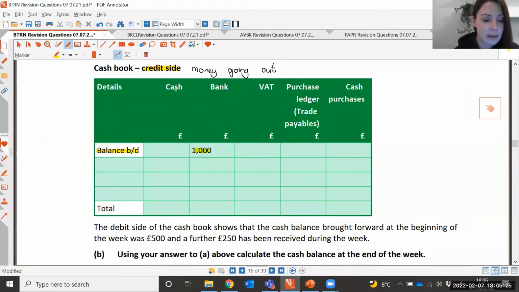And you can see here we've got the main columns, the cash and the bank, and then we have the analysis columns, which is the VAT, the purchase ledger column, or the trade payables column. And then we also have the cash purchases.